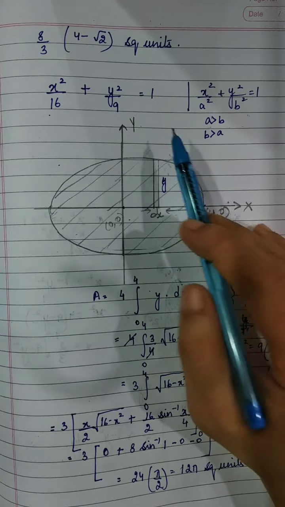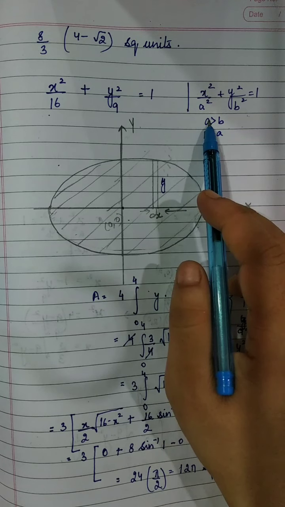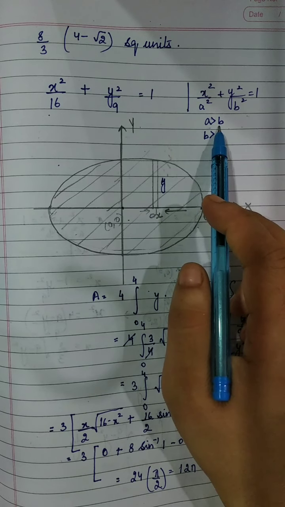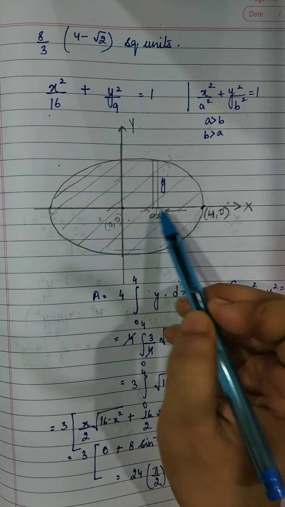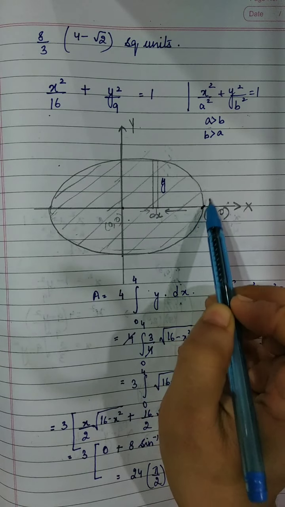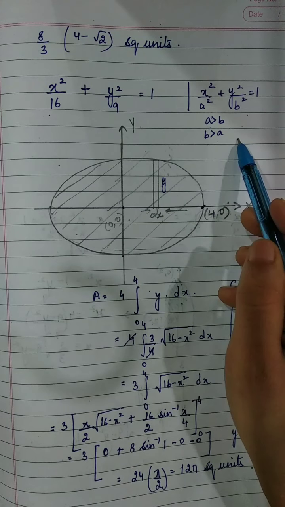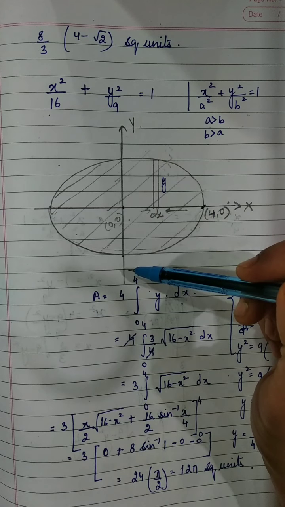Now, if I take a as the major axis and b as the minor axis, so if the major axis is greater than the minor axis, we have this ellipse that is elongated along the x-axis. But if b is greater than a, we have an ellipse that is elongated along the y-axis, right?